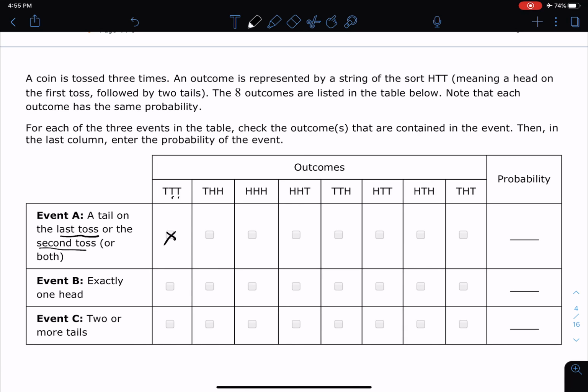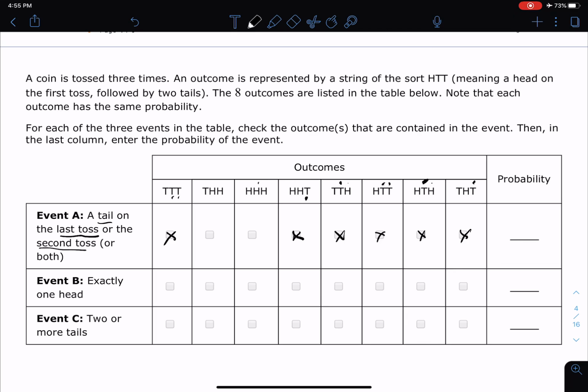The last or second, no. We want a tail on the last or second. A tail on the last, yes. A tail on the last, no, but on the second, yes. A tail on the last or second or both, yes, on both. On the second. On the last.